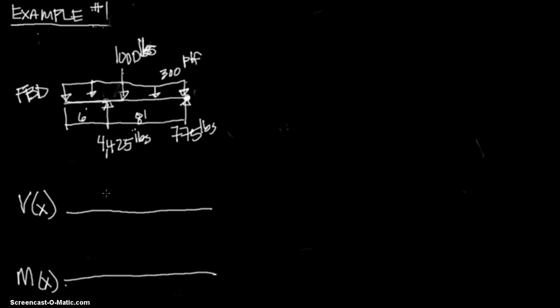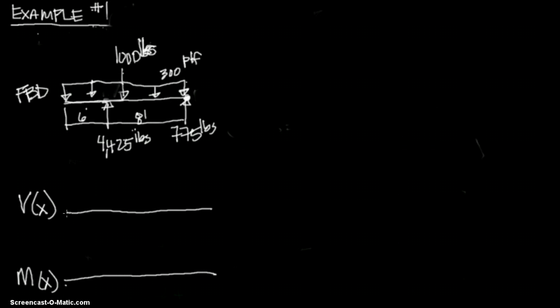All right, so for shear and moment diagram, you always start with your reactions or whatnot. So right here, for instance, this is a good place to start. Since this is the end, we're going to start right here. And at the end, the shear is always 0. But right here, the shear is going to be 775.